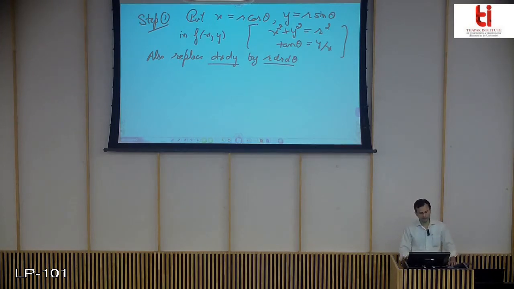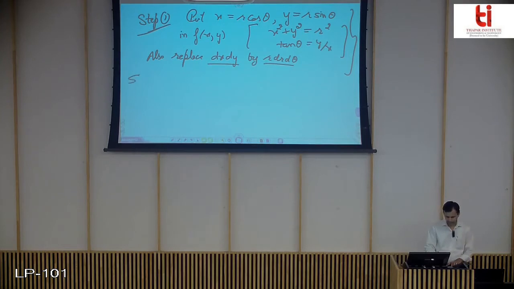This is a rough strategy to change Cartesian into polar. Step 1 is that you put x equals r cos theta, y equals r sin theta in f(x,y), and replace dx dy by r dr d theta.